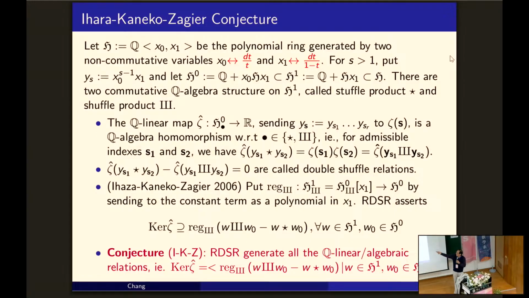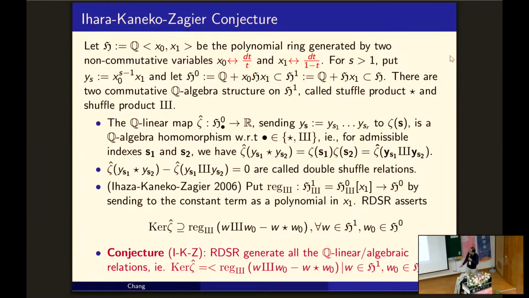We consider the variables x0 and x1, and imagine that x0 is the differential dt over t, and x1 is the differential dt over 1 minus t. We consider the non-commutative polynomial ring generated by these two variables, x0 and x1.